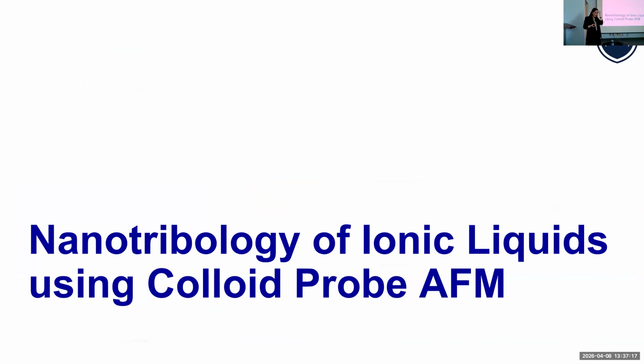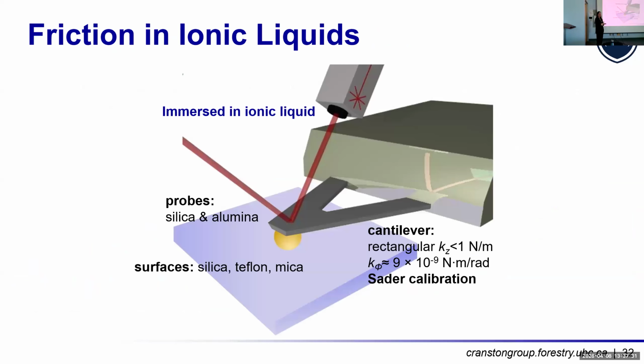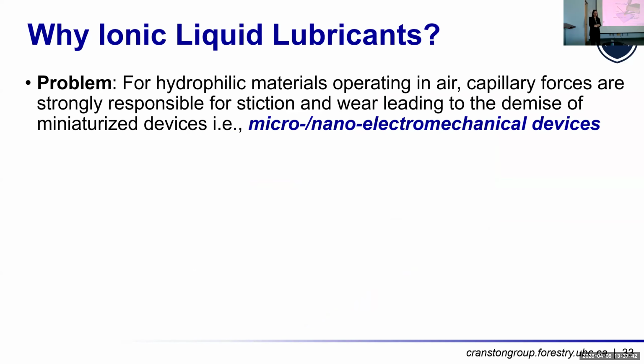So now I'm going to jump into a slightly longer example that has nothing to do with cellulose or natural materials. This is one that I worked on as a postdoc, looking at ionic liquids as lubricants. In this case, we had probes made of silica and alumina, surfaces that were silica, Teflon, or mica, and the whole thing is immersed in an ionic liquid.